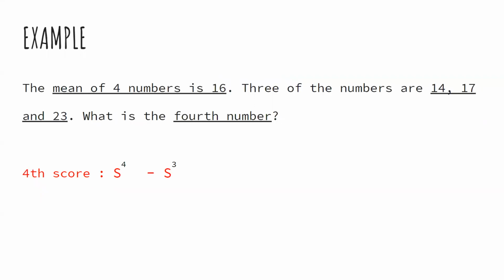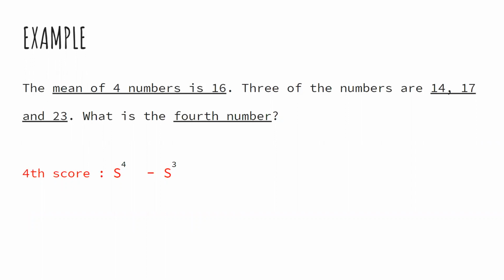Now for this topic in mean or average, you will need to know the 2 methods of calculating the sum of values. Do you remember what they are? Well, let's see. The example says the mean of 4 numbers is 16. 3 of the numbers are 14, 17, and 23.